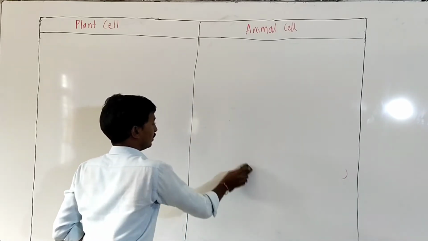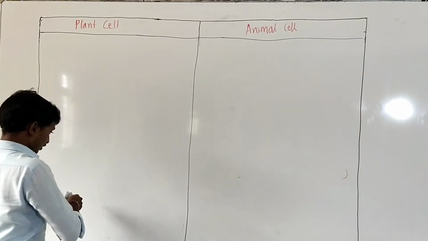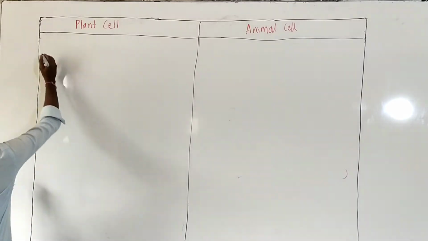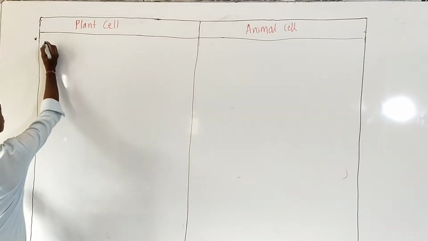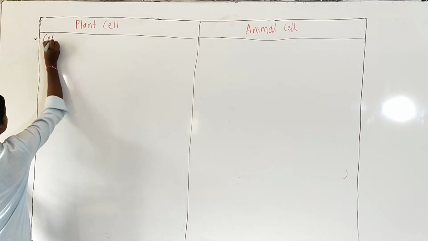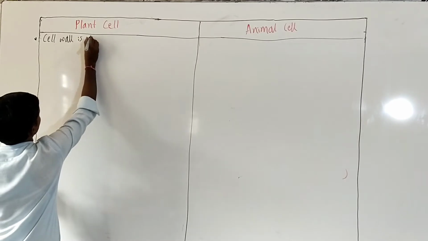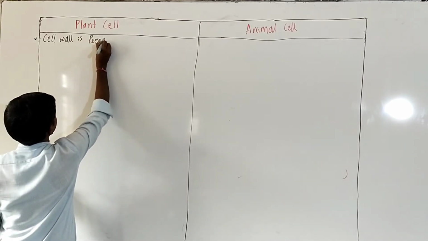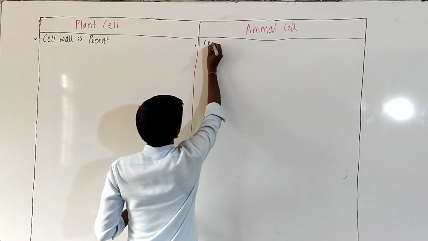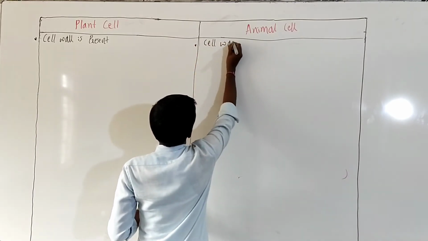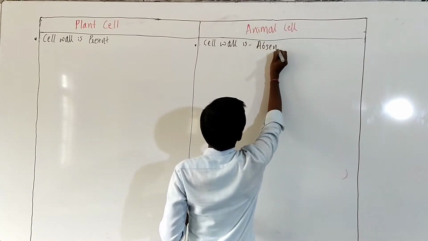Okay, so the major difference of a plant cell is that the plant cell contains a cell wall. So the cell wall is present. Here in the animal cell, the cell wall is absent.